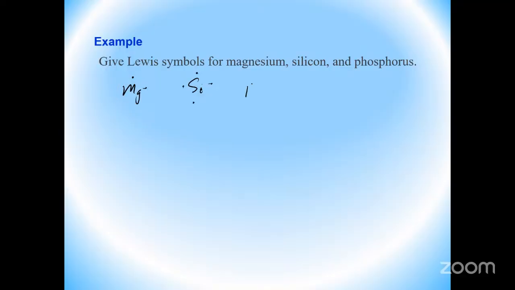And in the case of phosphorus, that would be this right here. And that's it, right? So that's how you write down the Lewis symbols for different elements. You write down the symbol for the element, and then you surround it with the dots, which represent the valence electrons. Nothing complicated about that.